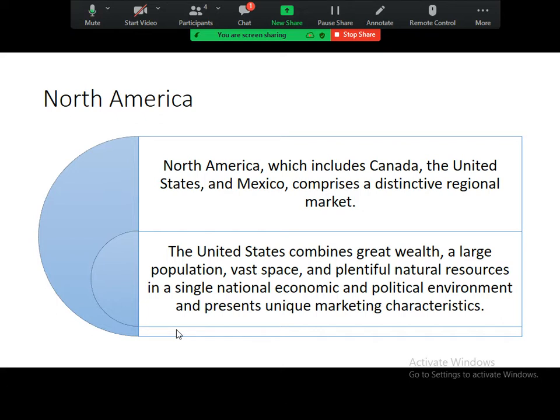The United States combines great wealth, large population, vast space, and plentiful natural resources in a single national economic and political environment, and presents unique marketing characteristics. High product ownership levels are associated with high income and relatively high receptivity to innovations and new ideas, both in consumer products as well as industrial products.